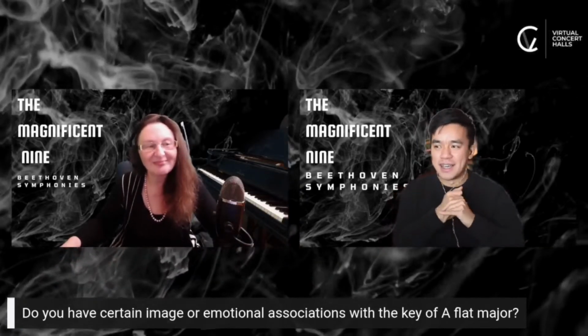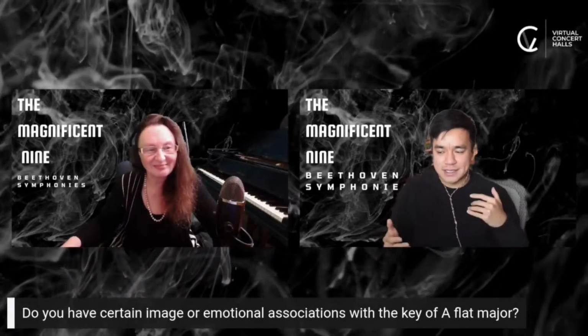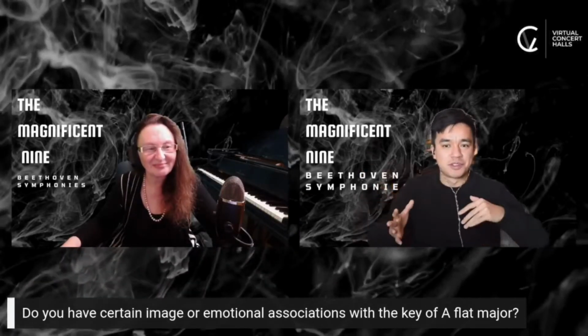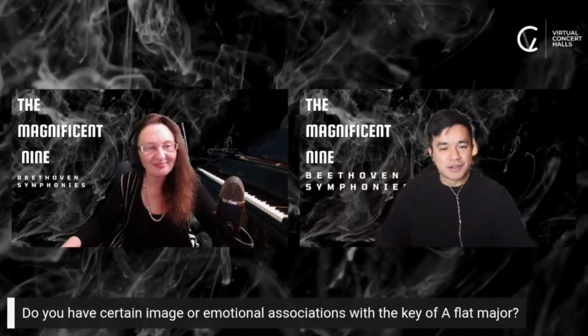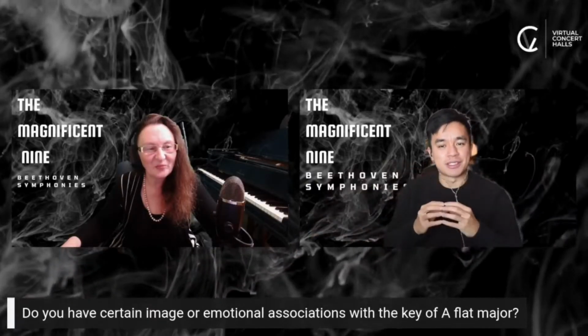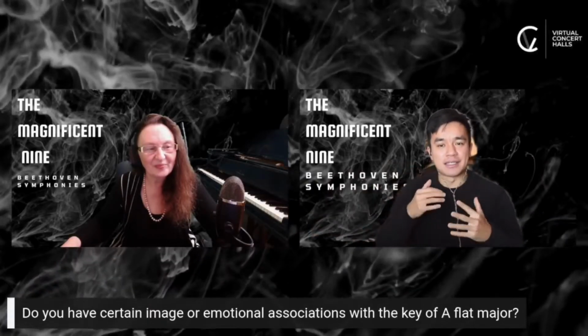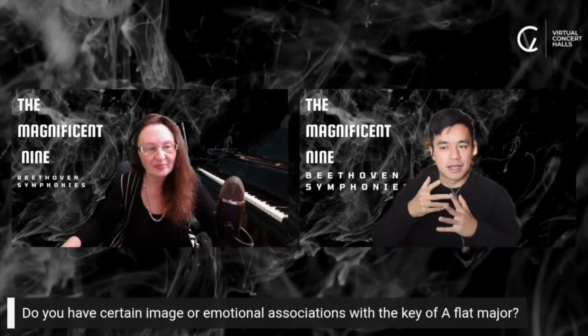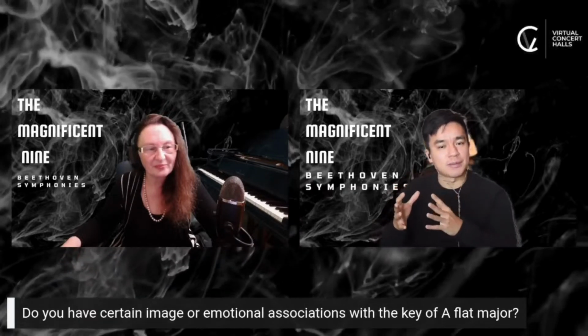And I find that sort of thing very fascinating, because in an era perhaps where keys don't mean as much, for them it meant so much, and the breakdown of tonality towards the end of the 19th century and the beginning of the 20th century maybe shifted the way we thought about tonalities.